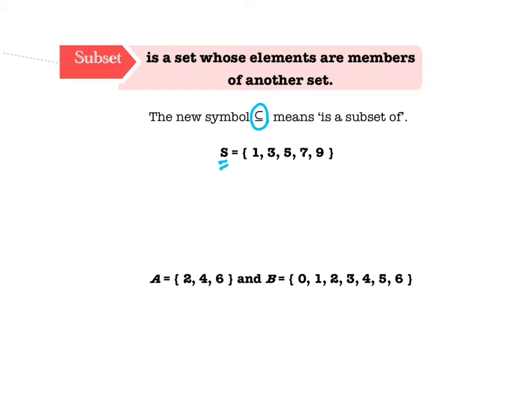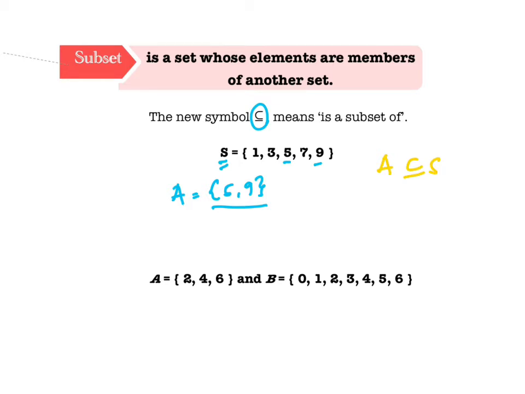Let us have a subset of set S, let's say set A. Set A has the elements 5 and 9. You will notice that the elements in set A are also in set S. So therefore, set A is a subset of set S.